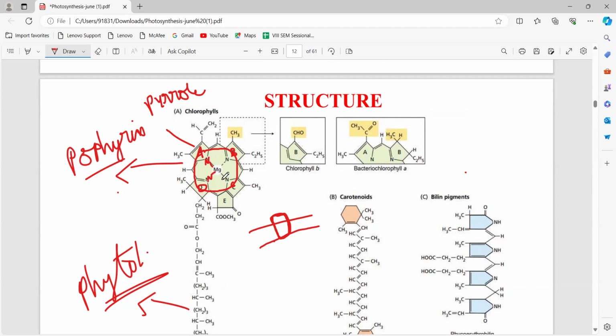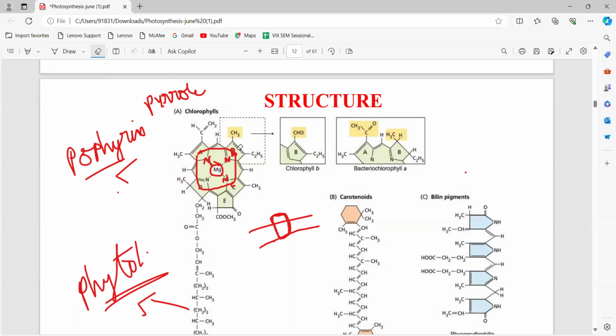They are surrounding the central metal atom, which is magnesium. I'll repeat the structure. Porphyrin ring means it contains pyrroles. How many? 4 pyrroles. We can call it tetrapyrrole. So the tetrapyrrole comes close together with the help of nitrogen linkage, surrounding the central metal atom magnesium. This is what exactly we call the porphyrin head.